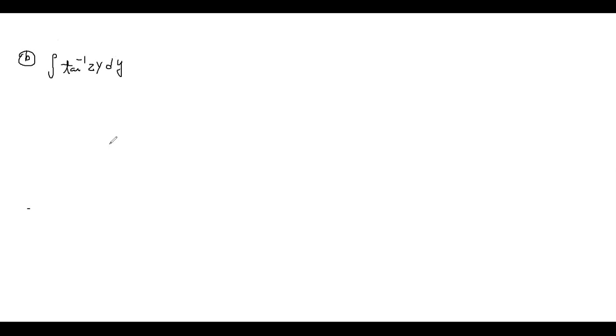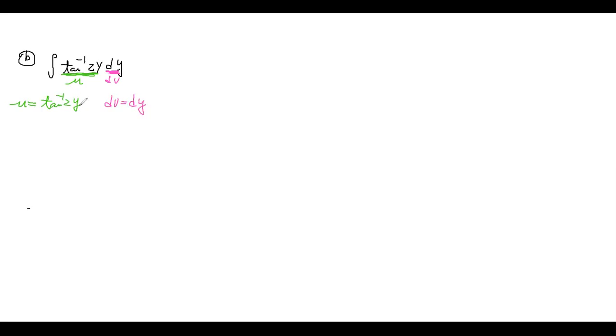I'm going to put this part as my u and this part as my dv. All right, so let's try to do a little bit of color coding here. So u is equal to arctangent 2y and dv is equal to dy.